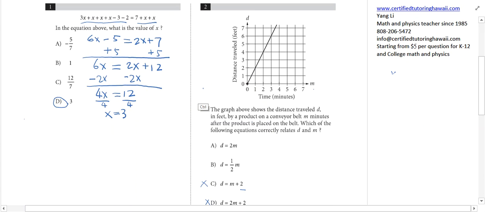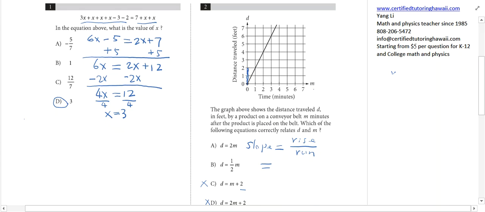What's the definition of slope? The slope equals rise over run. Rise is the vertical motion. I'm going to use this point here, from here to here. From here, we go up, and this is the rise.